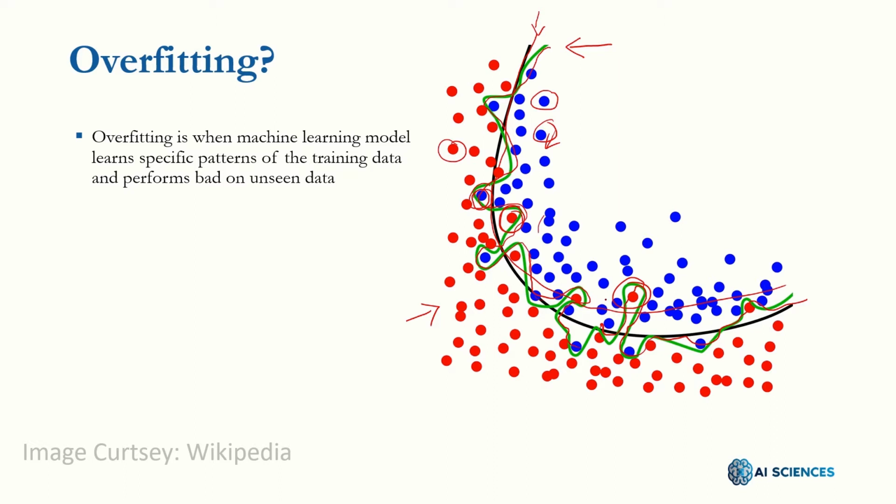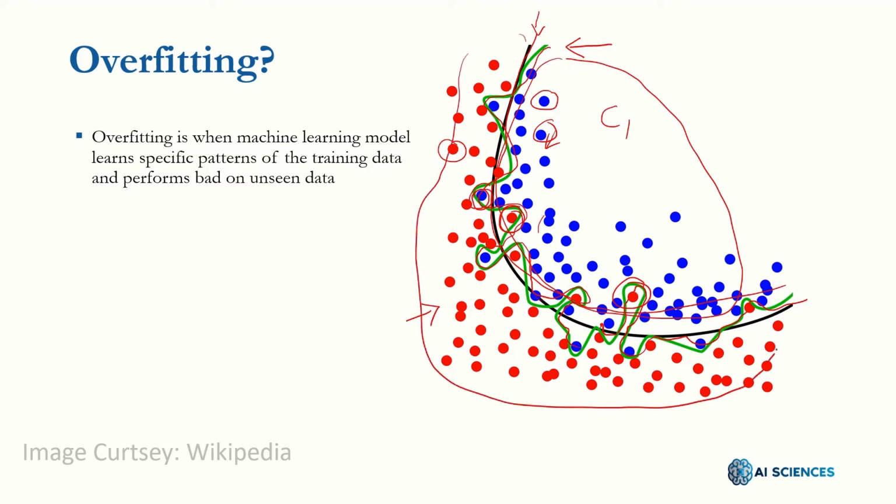There is always noise in data sets, due to which it is shown a bit distracted from its path. But the actual underlying reality is that the blue class actually belongs here. Let's say it is class 1, C1, and the other class actually lies in this area, which is C2. But this green curve is not able to classify the unseen data exactly.